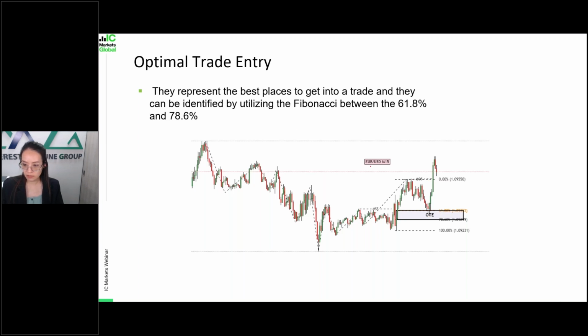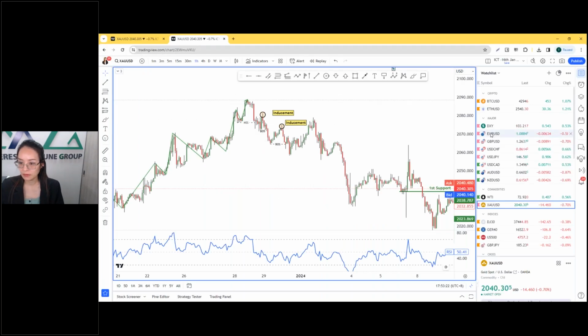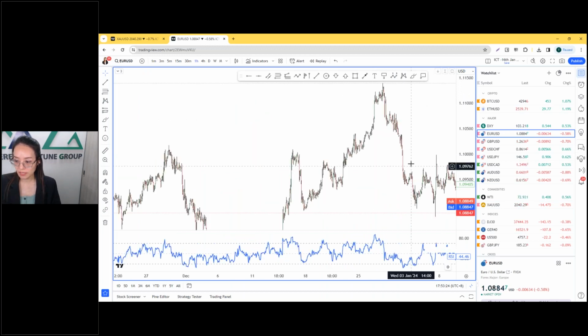Okay, how I get here is I mark it on EURUSD and M15. Let's go to that. Let me see if I can still find my entry.